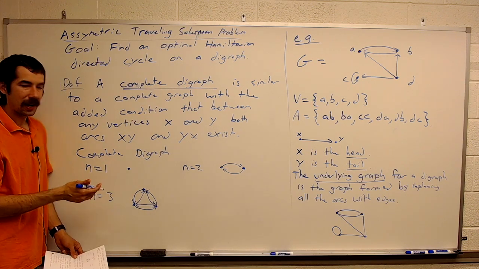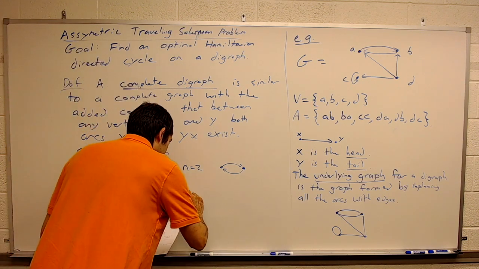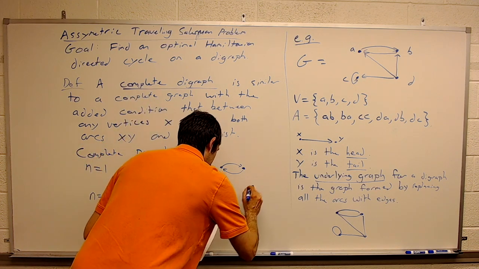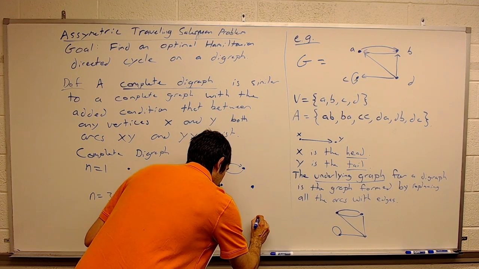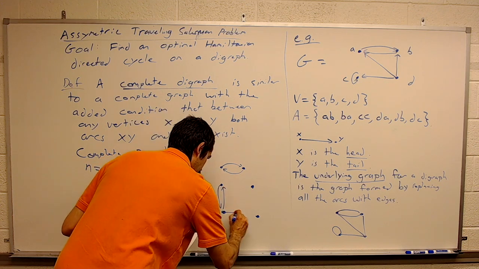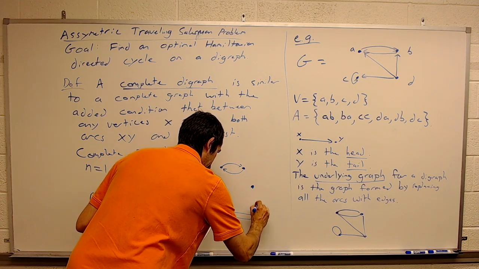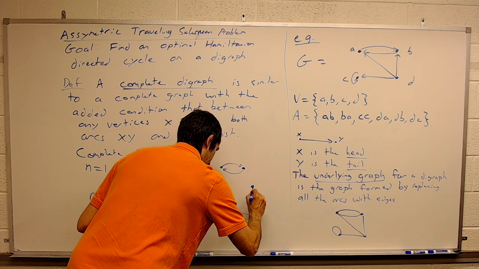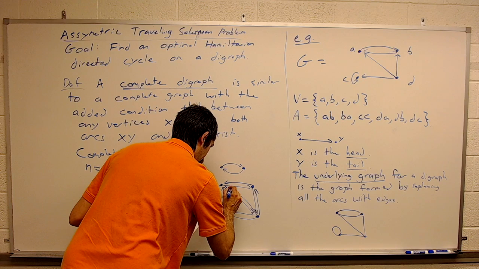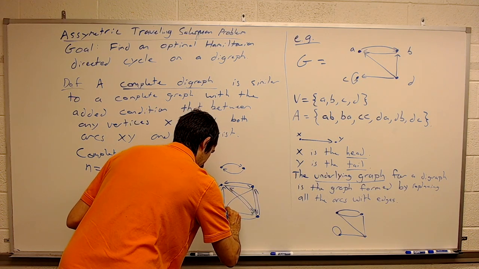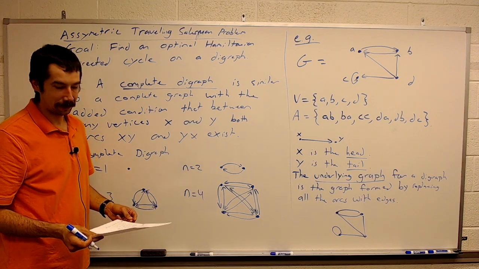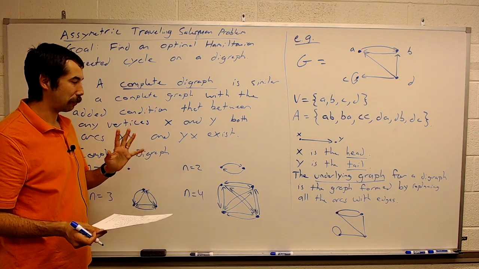And then n equals 4, I'll draw it. But there's a lot of arcs for n equals 4. N equals 5, there's even more. Okay, so it gets out of hand pretty quick.